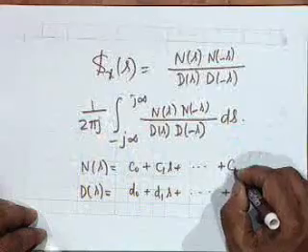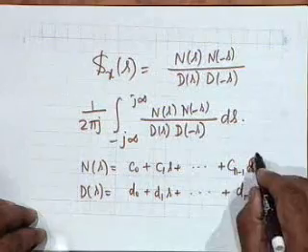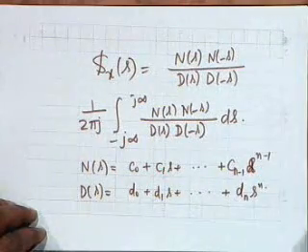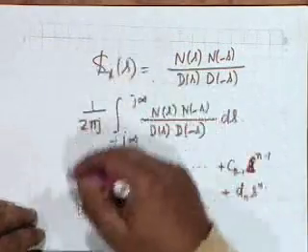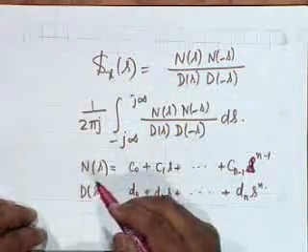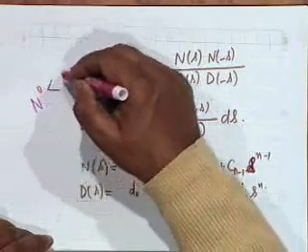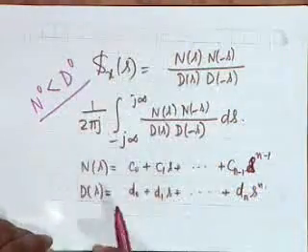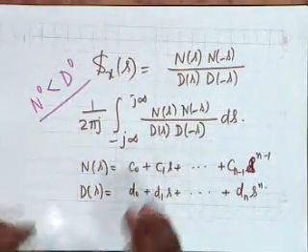So, at the most what we can have is Cn minus 1 s to the power n minus 1. One of the conditions for this method of calculating x squared bar is that the degree of N must be less than the degree of D. It cannot be otherwise. If the degree of N is equal to or greater than the degree of D, then x squared bar itself blows up, and therefore we cannot calculate this.